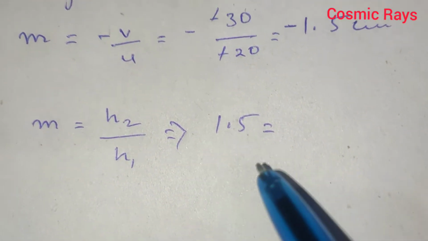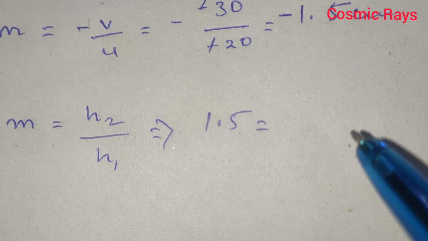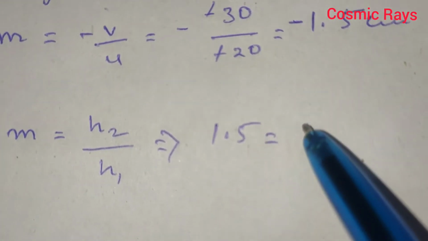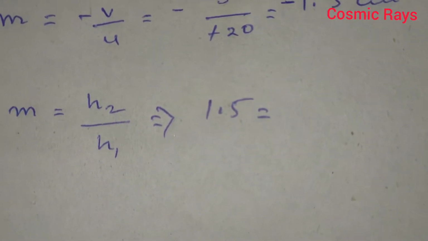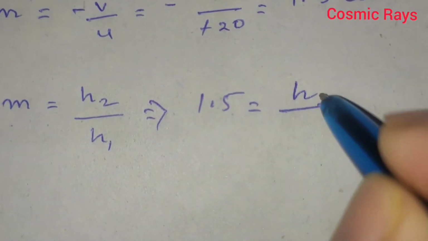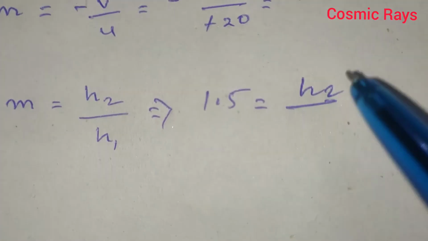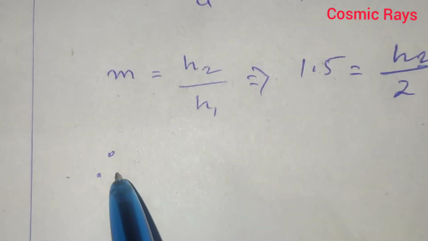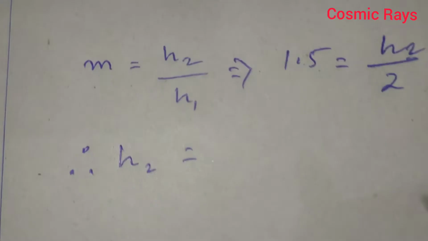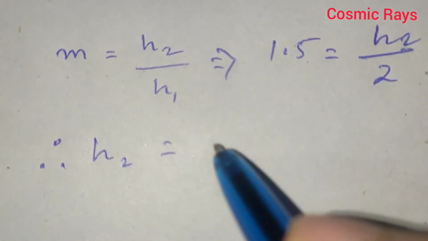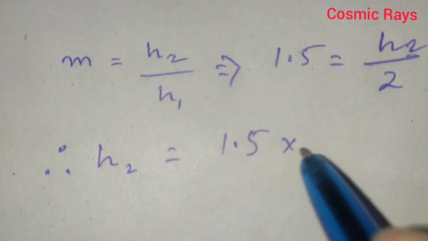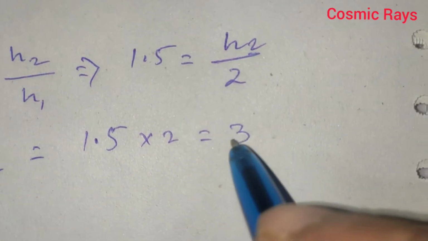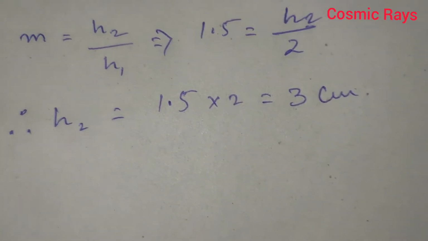Here h2 is the height of the image that we have to find, and h1 is the height of the object given in the question, that is 2 centimeter. So the height of the image is 1.5 multiplied by 2, that is 3 centimeter.